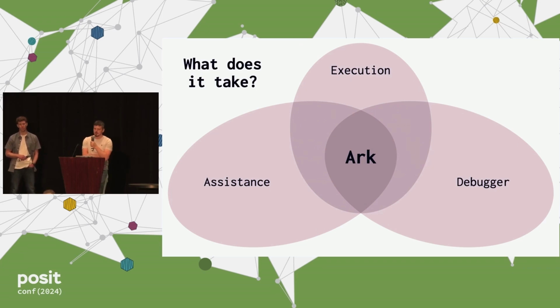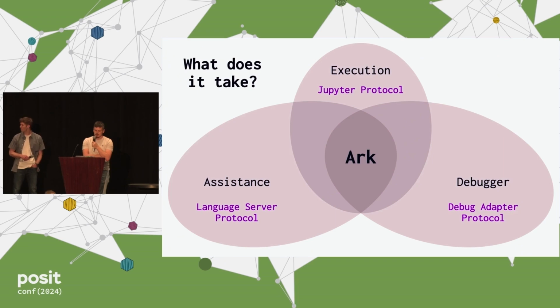And the final piece is the debugger. We want to make the debugging experience in Positron the least frustrating it can be. Each of these areas is backed by a standard protocol, and we'll see in this talk why this is important and why it matters. And we'll start with execution.